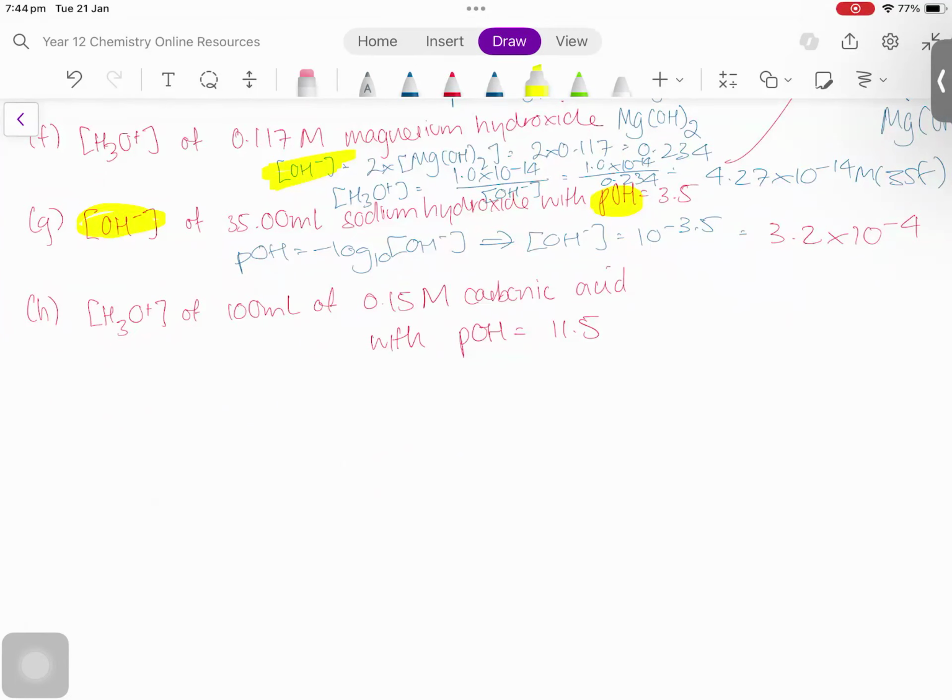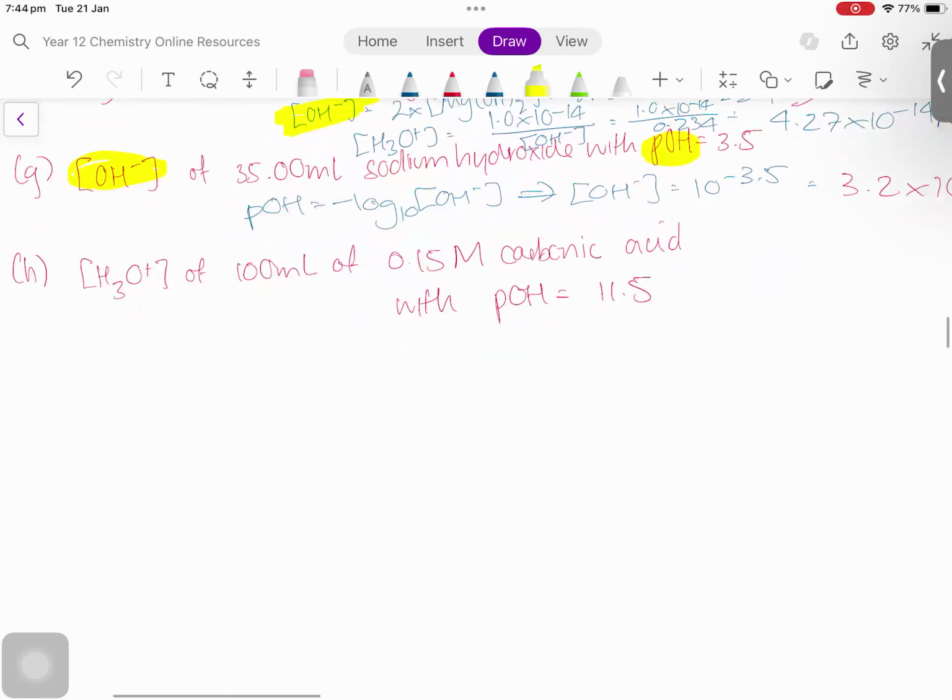So pOH is basic, and they've also asked you for OH minus. But for H, you've got an acid in the question, and they've given you pOH but asked for H plus. pOH allows you to get OH minus, but they've asked you for H plus. So here you have to convert to pH first and then get to H3O plus after.